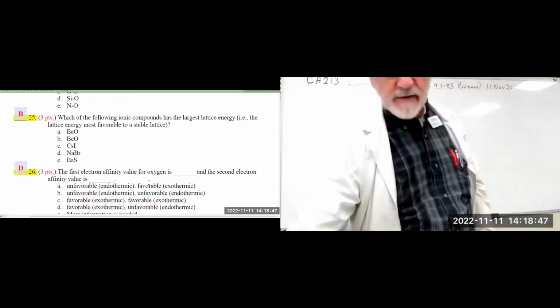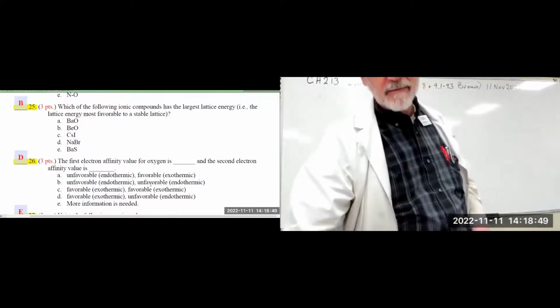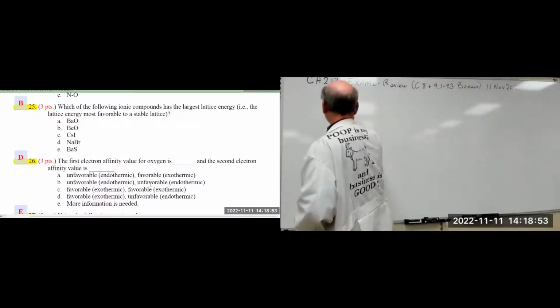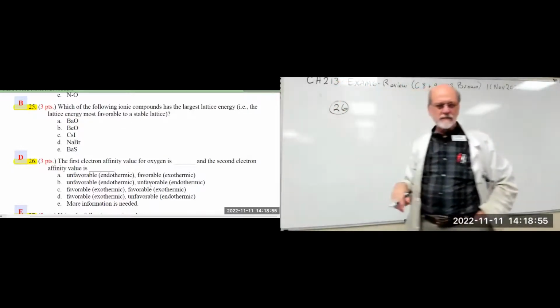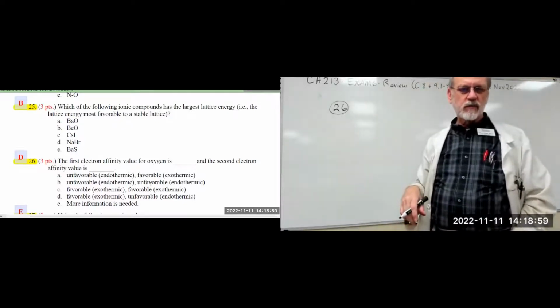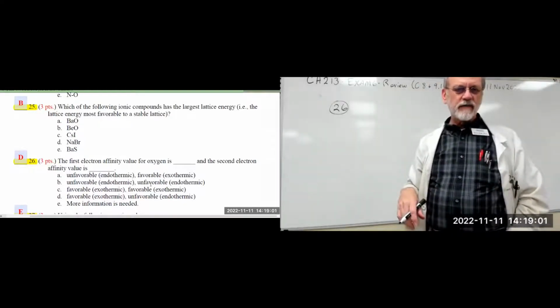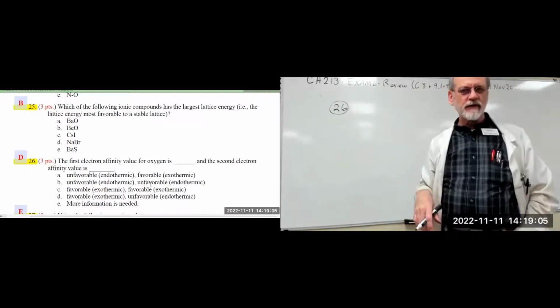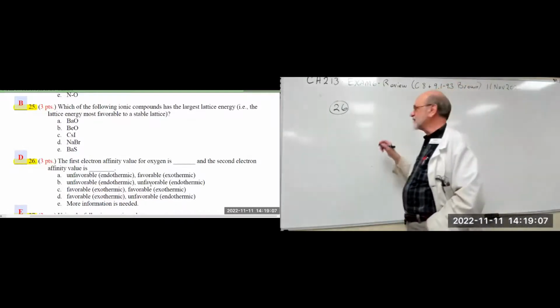26. Okay, this one might take some mental gymnastics. The first electron affinity value for oxygen is what? Unfavorable or favorable. And the second affinity is unfavorable or favorable. Electron affinity.